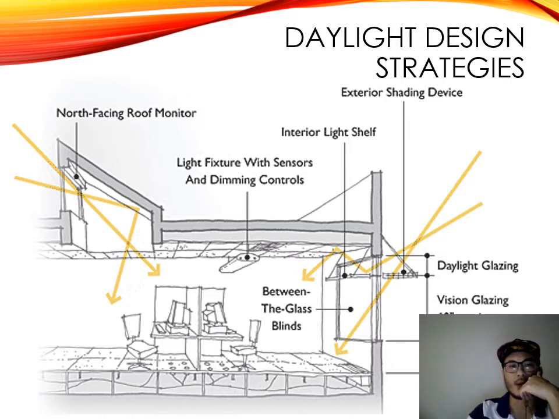It is because of this north-facing roof monitor, which means they have a very high window facing the north, which only allows the daylight to enter through the window, reflect on the ceiling and reflect again into the internal space of the building.